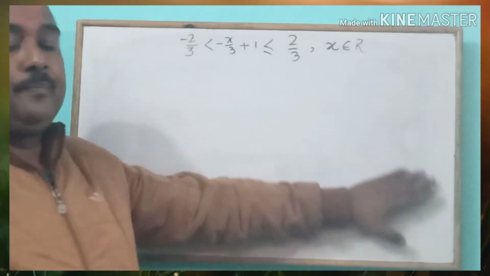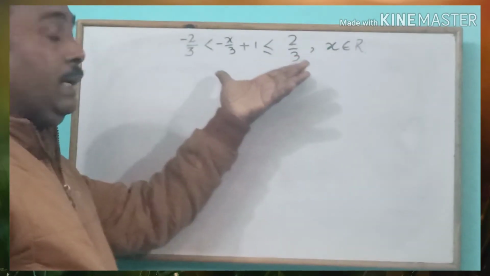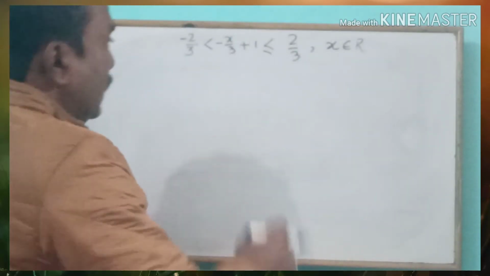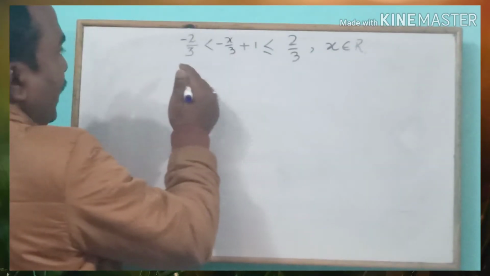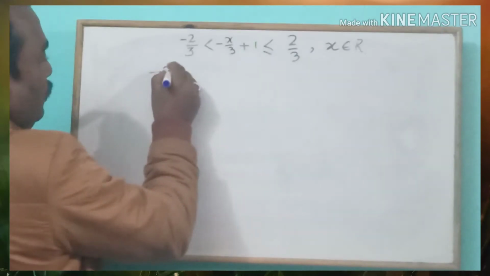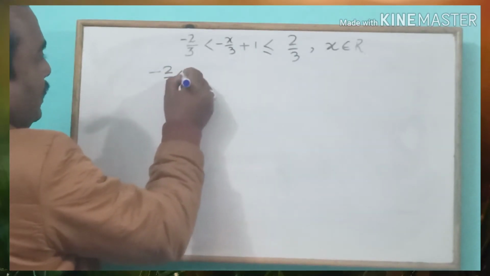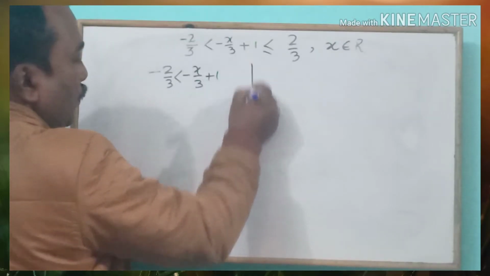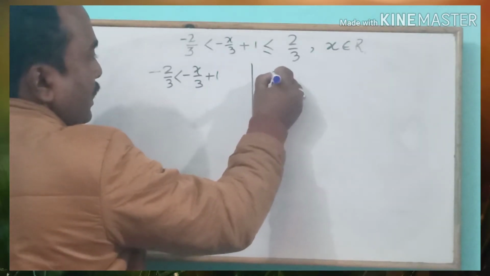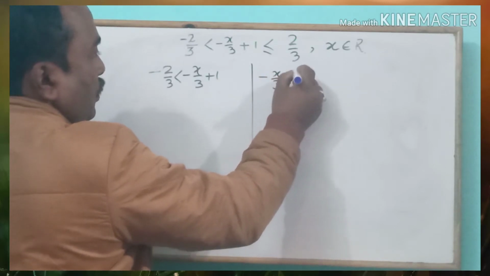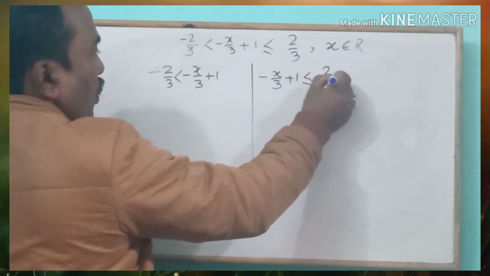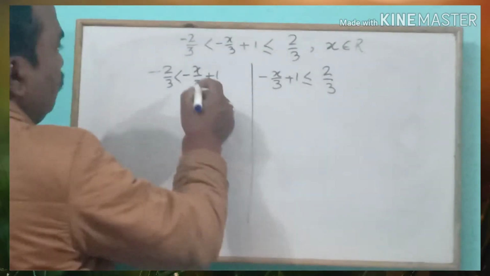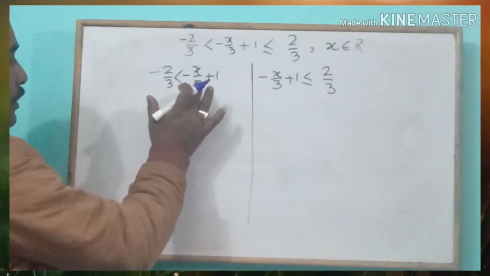In this example, we have yet two inequations. If I separate them and write, we have minus 2 by 3 less than minus x by 3 plus 1 as one inequation. Another one is minus x by 3 plus 1 less than or equal to 2 by 3. Now let us take the first part first.